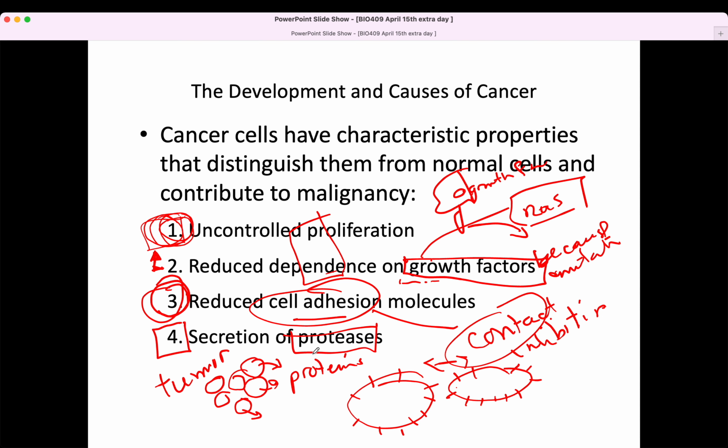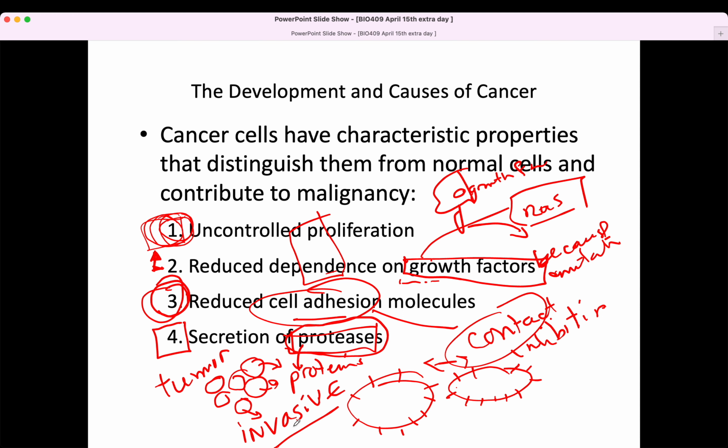These proteases are going to degrade proteins, and that can get two things to the advantage of the cancer. The one we really want to emphasize here is that the cancer cells are often said to be invasive. This is based on these molecular features of secreting these proteases.